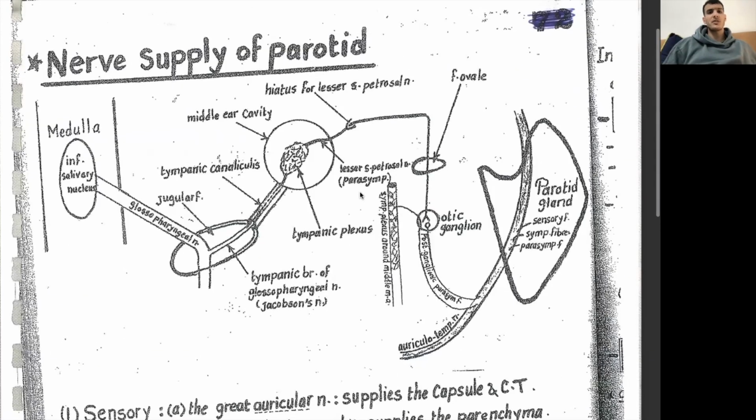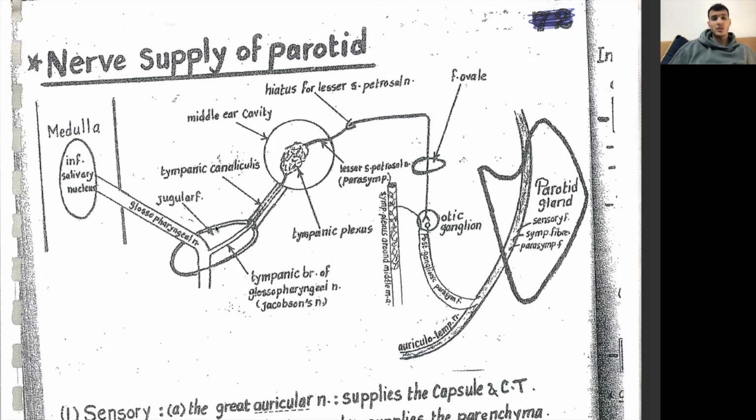Very important, nerve supply, and you can learn about it through the course of the glossopharyngeal nerve. The glossopharyngeal nerve starts at the inferior salivatory nucleus, and I think the inferior ganglion gives off branches to innervate the parotid gland.